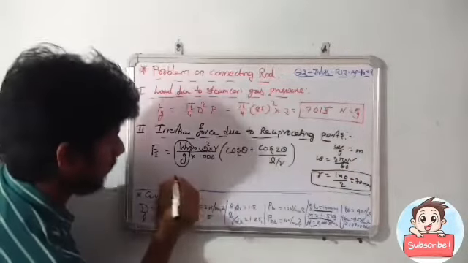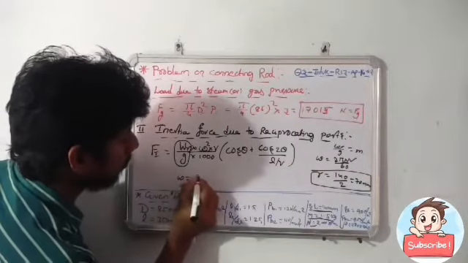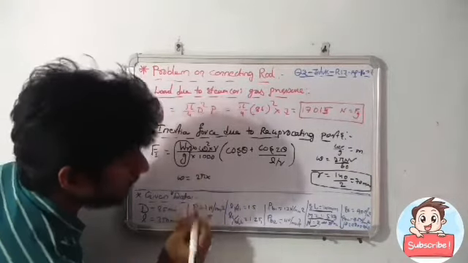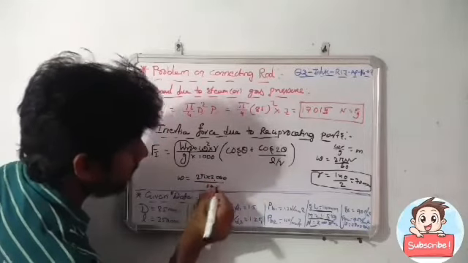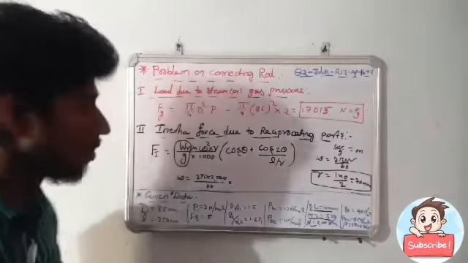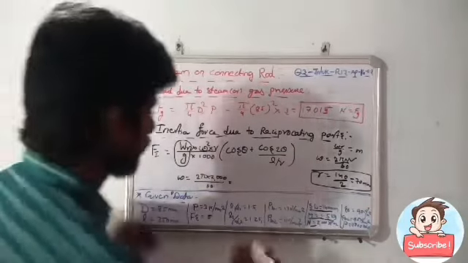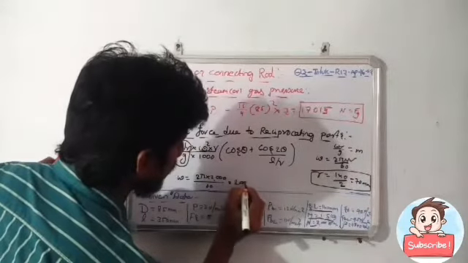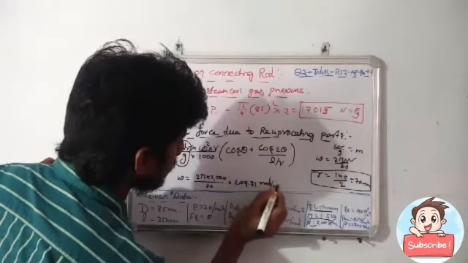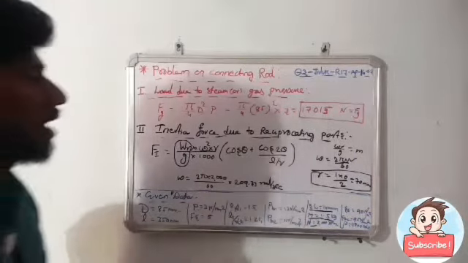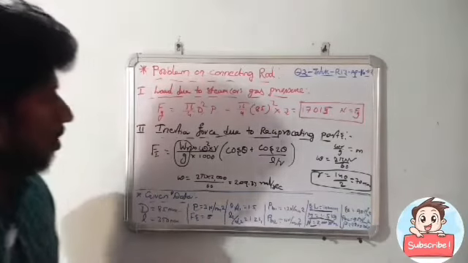Omega equal to 2 pi into, what is the speed here, 2000 divided by 60. By simplifying this, we get the omega value, equal to 209.33 radians per second. This is the omega value.